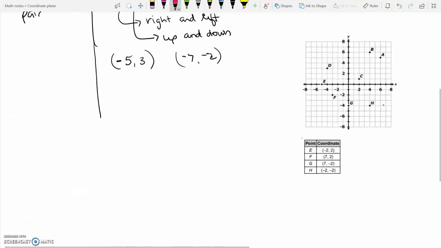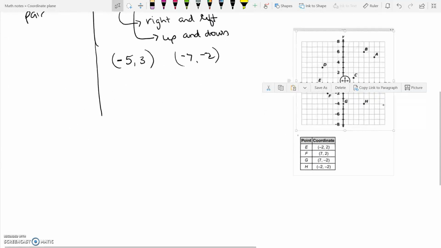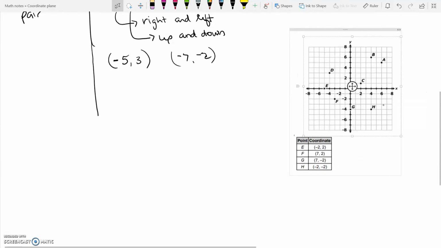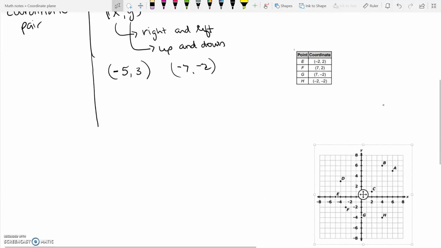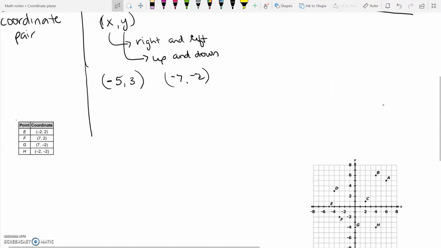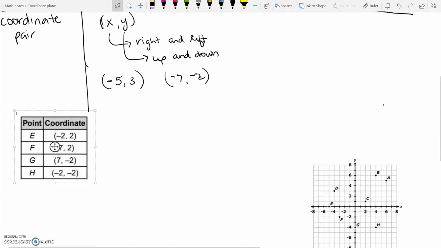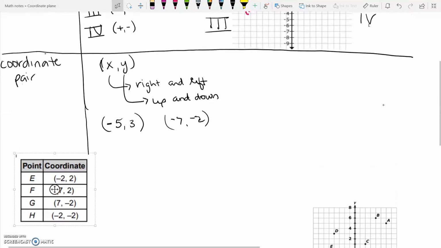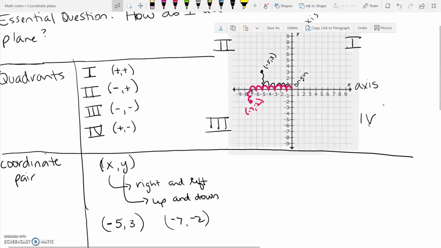All right, this is a different way of looking at a graph. Okay, so this chart right here could be used for a coordinate plane, because really all they are is a coordinate plane. So I'm going to still stick with this graph here that we have.